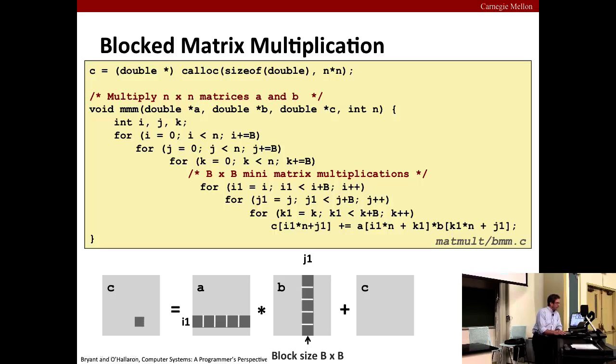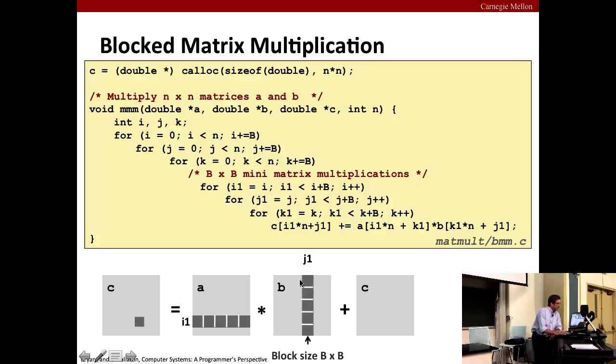This b by b subblock in C is computed by taking an inner product of a set of subblocks in A with a set of subblocks in B. And for each one of those, we're doing a little mini matrix multiplication.